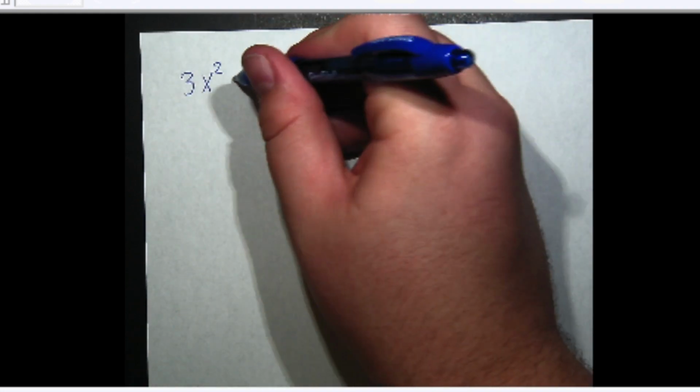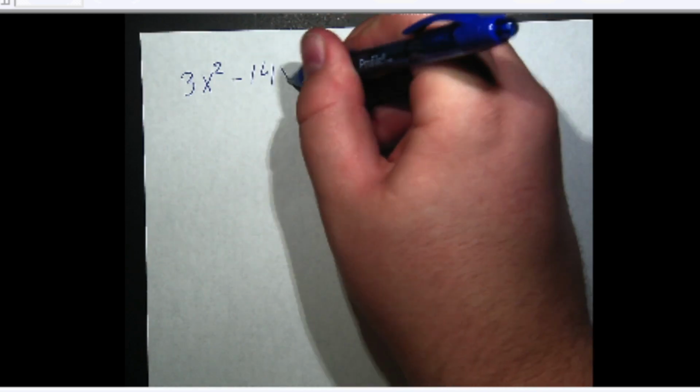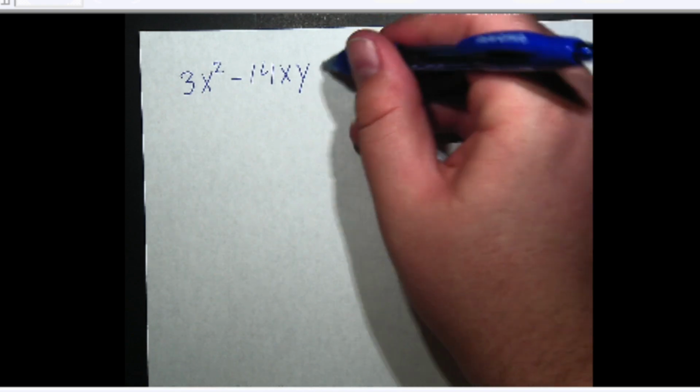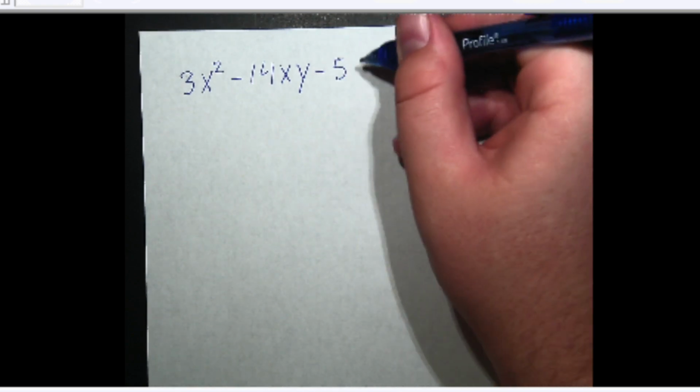It's going to look kind of complicated at first, but I promise it works the exact same way as every other thing we've been doing today. So let's have 3x squared minus 14xy minus 5y squared.